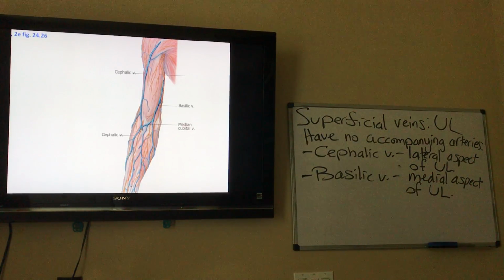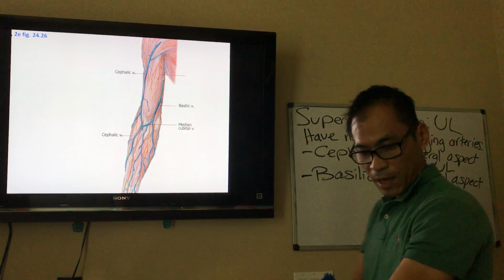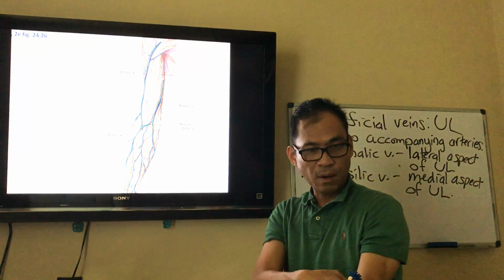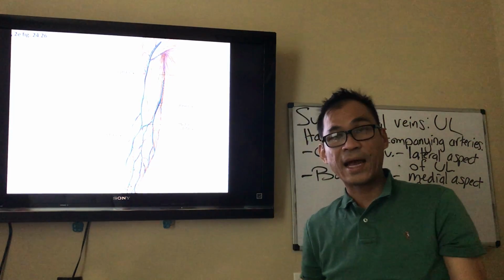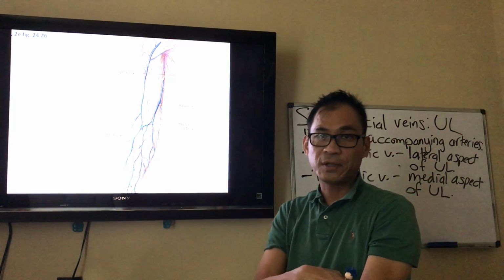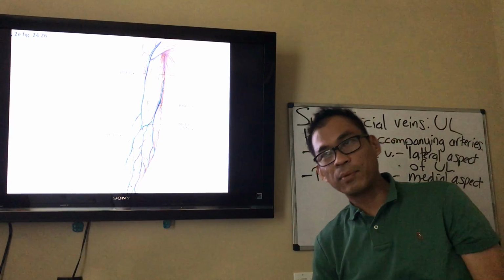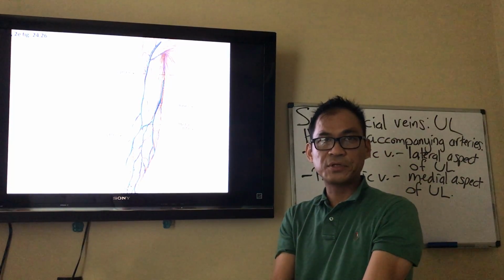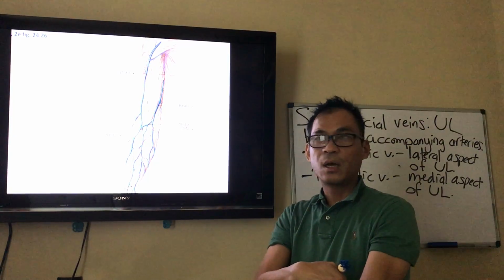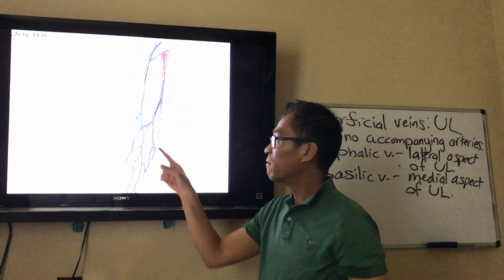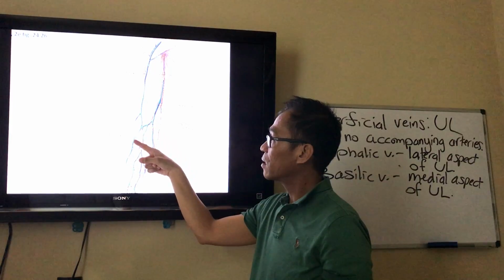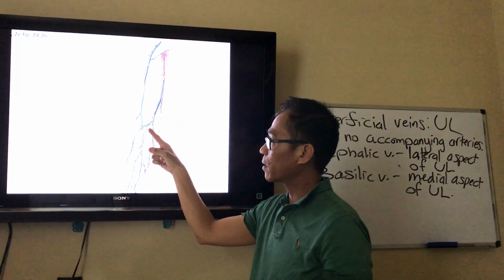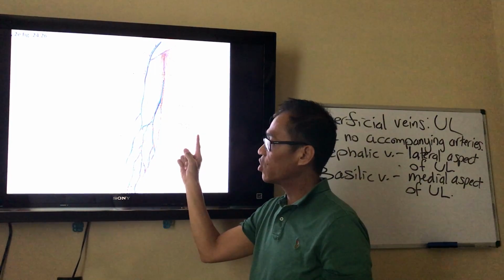UL. Now, in the crook of the elbow, basically the front of the elbow, you know, the front of the elbow is like the back of the knee. There's a slight depression there. The back of the knee was called the Popliteal Fossa. This is the Antecubital Fossa, or sometimes just Cubital Fossa, where you have a vein that connects cephalic to basilic. It's called median cubital vein.